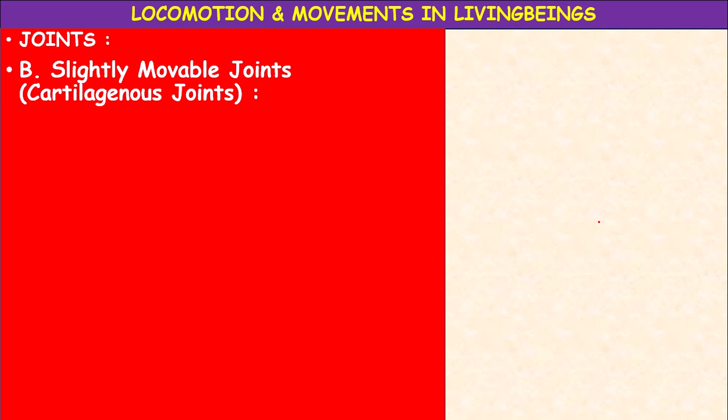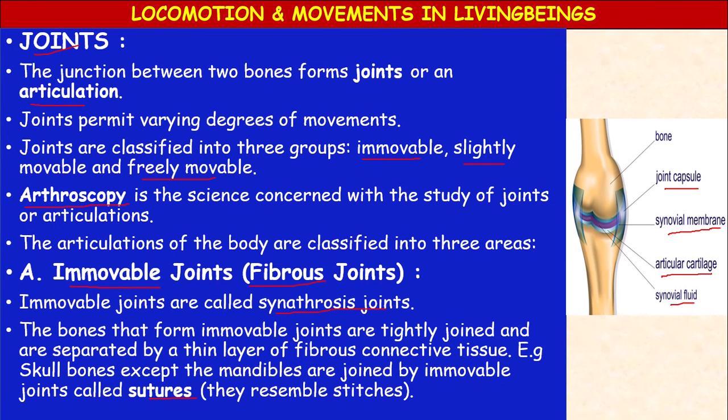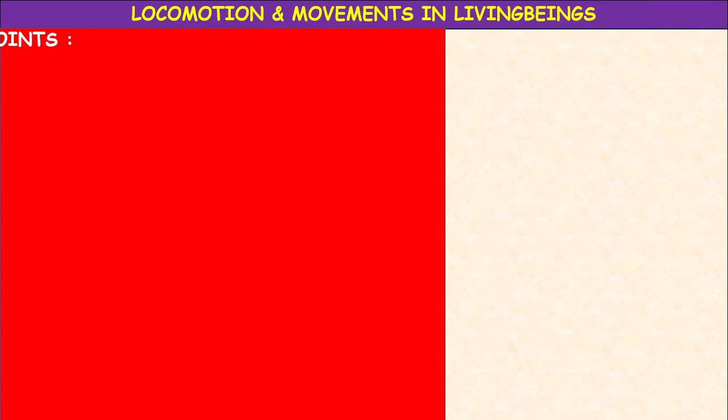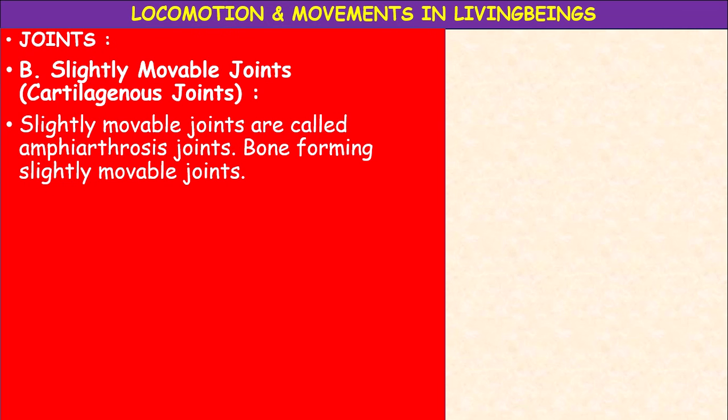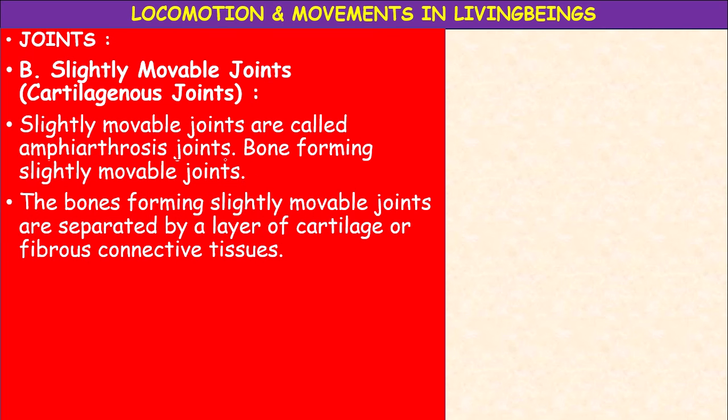Whereas, these immobile joints are called synarthrosis joints, these slightly mobile joints or cartilaginous joints are also called amphiarthrosis joints.